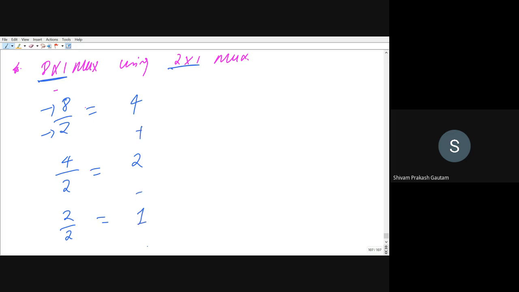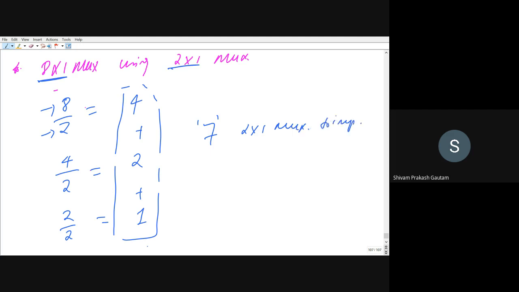So how many total 2x1 multiplexers are required? That is the addition of all of these. So 7 2x1 mux are required to implement an 8x1 mux. Is it okay? This is how we are getting 7 mux.